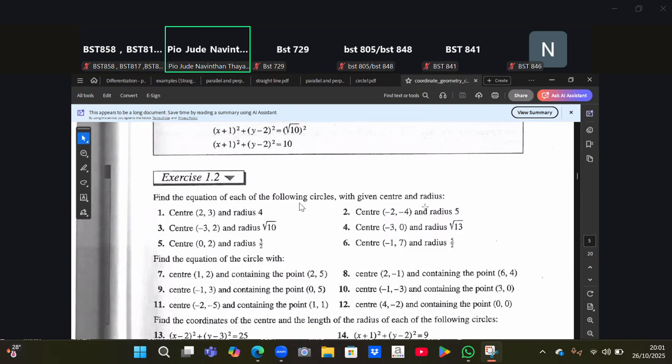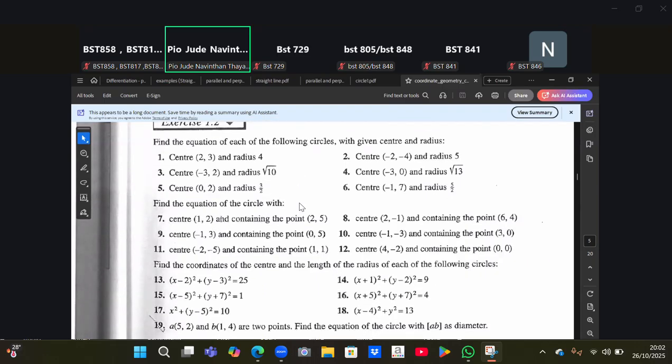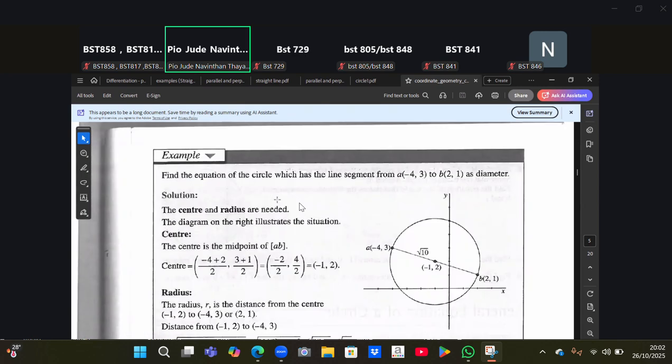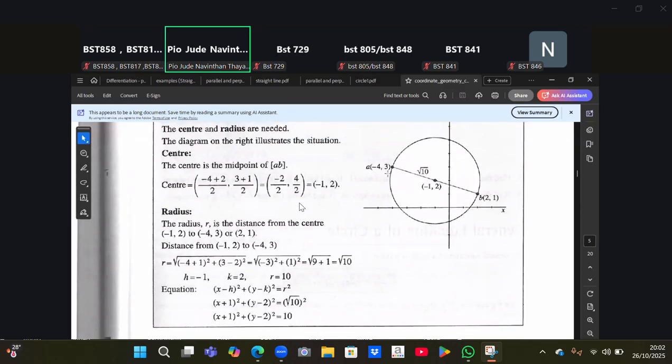Find the equation of the following circles with the given center and radius, and practice it. For a circle containing 2 points, we need to find the center point, that's the midpoint, and also the radius, the same way. Points are given.